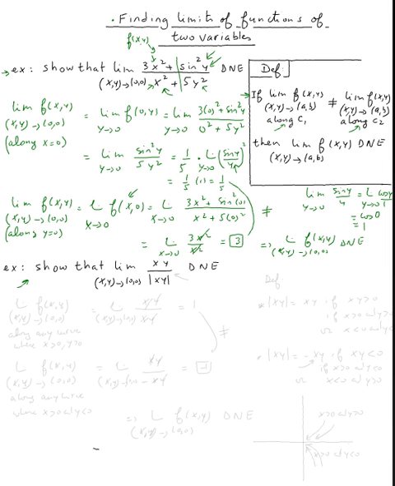The next example involves absolute value. So remember the definition of absolute value, let me write this down. The absolute value of xy is equal to xy if xy is positive, which means x positive and y positive, or x negative and y negative.